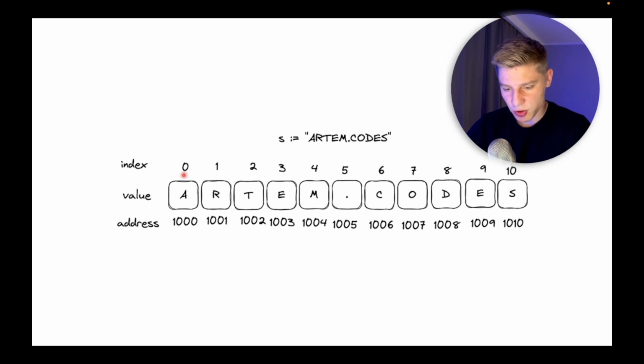Each element has its own index, starting from 0 and so on. Values are here represented as letters, but as unsigned integers they would be numbers. Just to make it easier to read, I made them letters. And then we have addresses in memory. So this is how an array looks like under the hood.